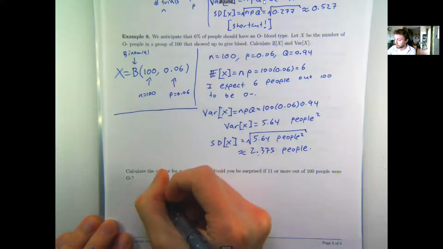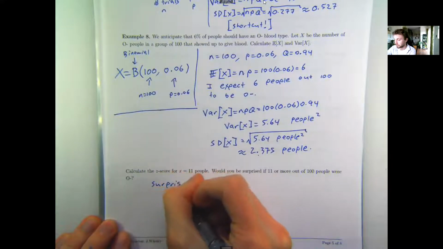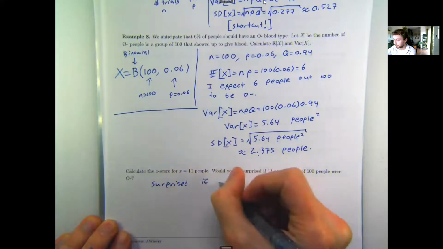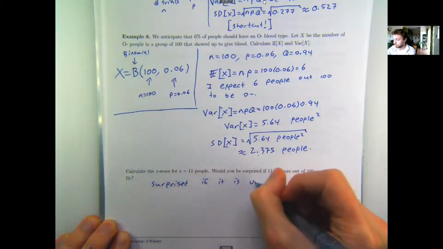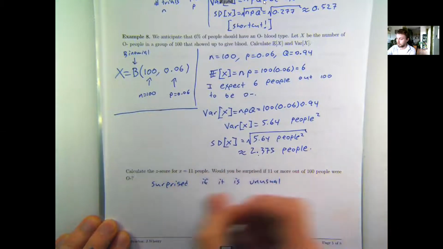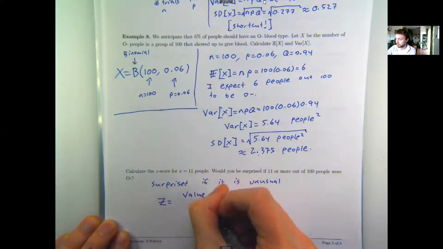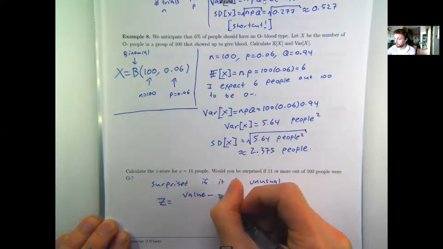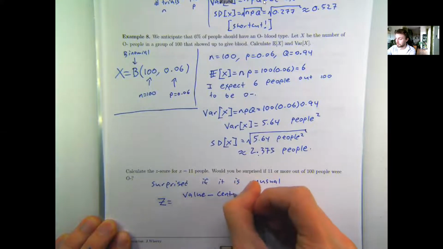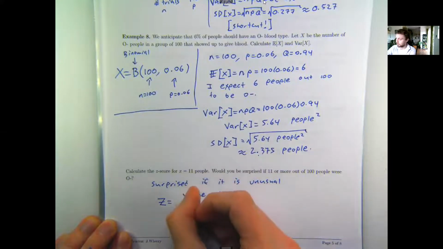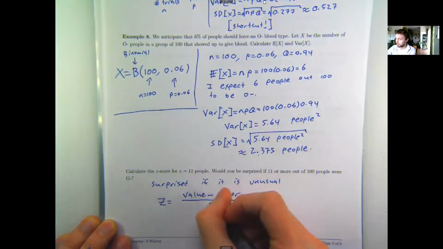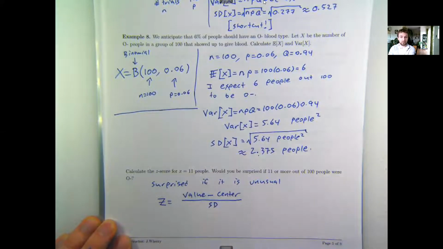Because in general, I'm going to be surprised about something if it is unusual. So we're going to calculate the z-score by taking the value that this question is about, subtract the average or the center, that's our expected value, and dividing this by our standard deviation.